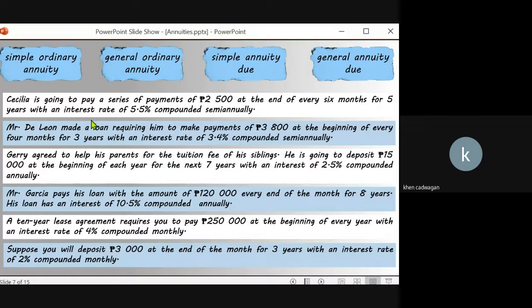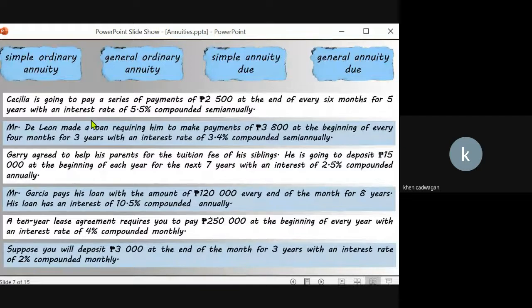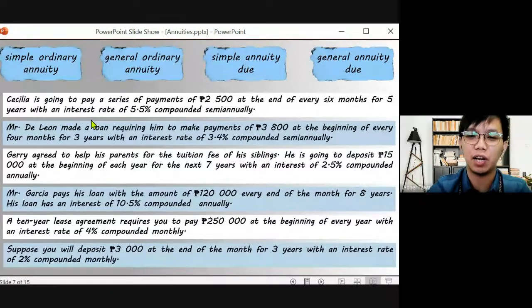General annuity due, sir. Okay. Bakit general annuity due?